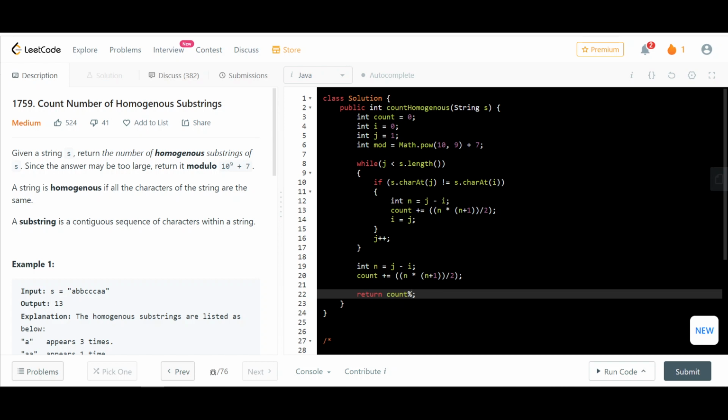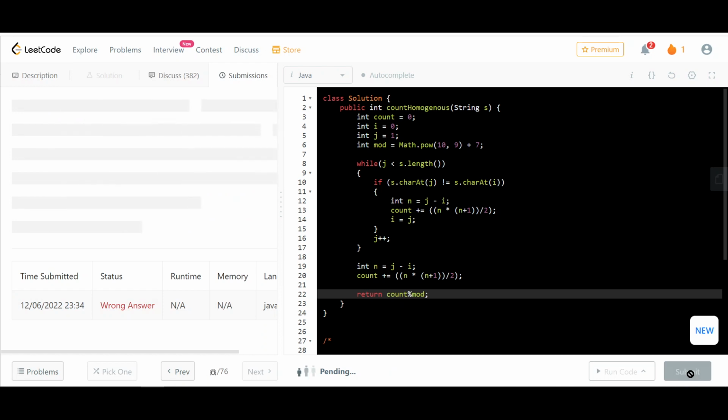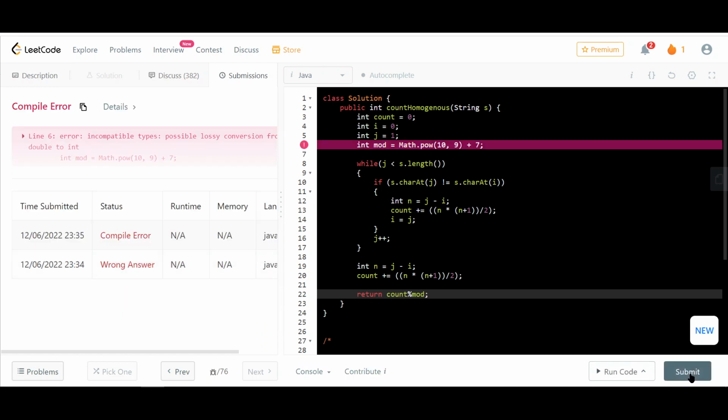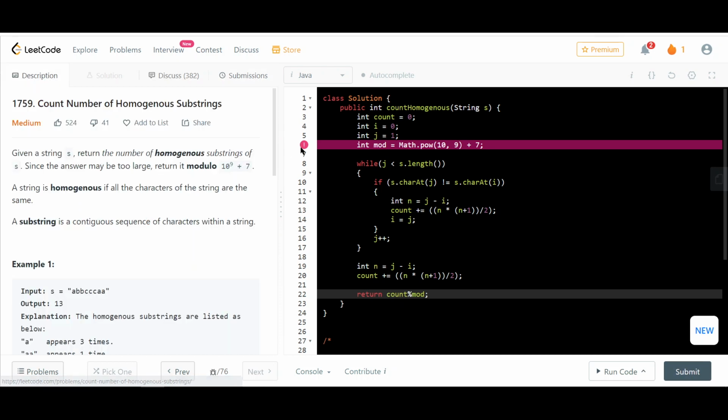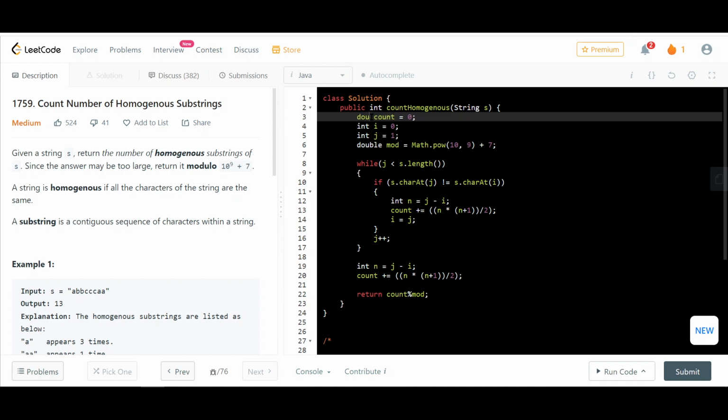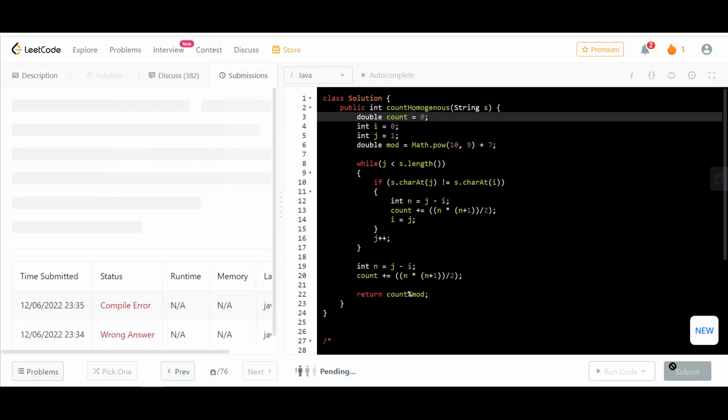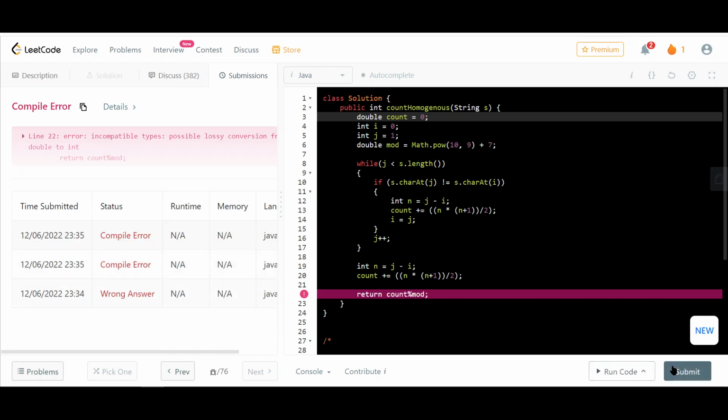I'm not too sure if it's just here, but okay, let's see. Possible lossy conversion from double to int.